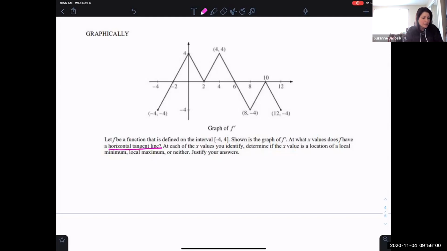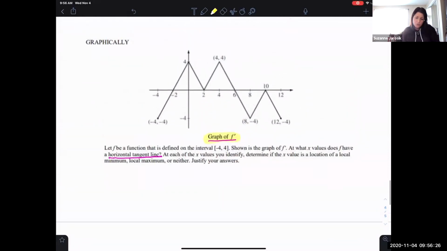That means what? F prime equals 0. And we are given f prime again. So you need to identify the x values where this could possibly happen and then talk about all of them. All right, so pause, do, and then come back.